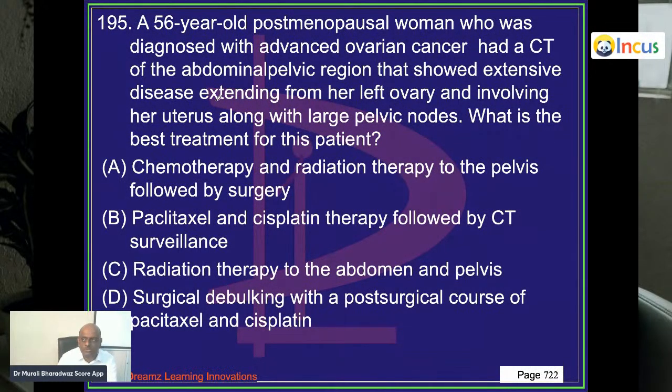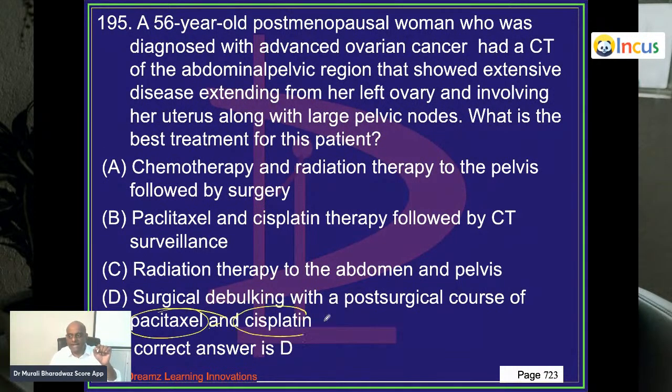A 56-year-old postmenopausal woman, advanced ovarian cancer, and CT shows extensive disease extending from her left ovary and involving large pelvic nodes. What is the best treatment? Surgical debulking, and post-surgically give paclitaxel and cisplatin therapy.